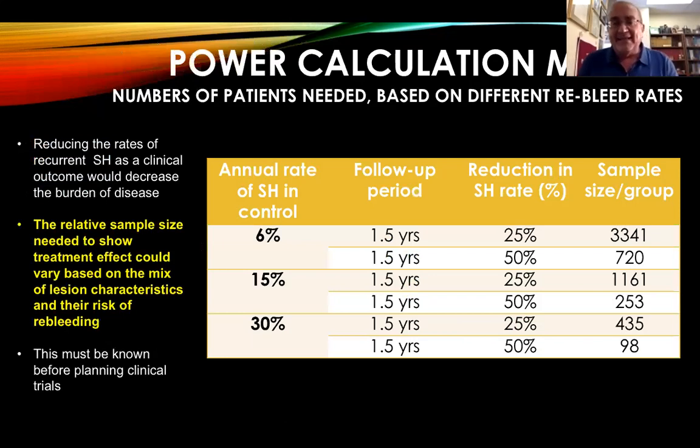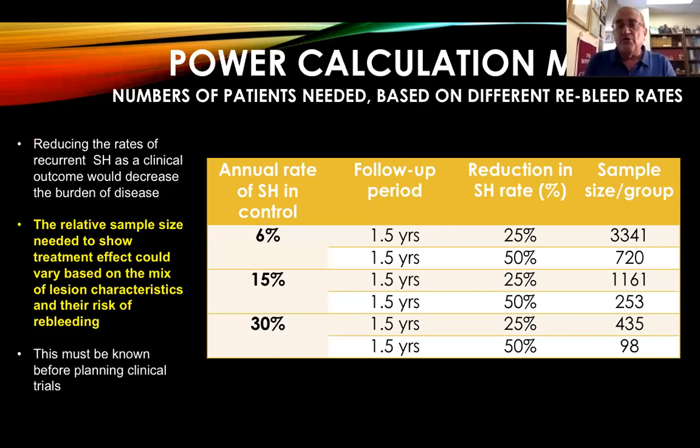The next slide is kind of a busy statistics slide, but it really tells you that if we knew how many patients will rebleed in the next year and a half to 2 years, the number of patients needed in a trial is vastly different. If you have a 30% rebleed rate, you may need fewer than 100 patients in a trial, but if you have a 6% rebleed rate, you may need more than 1,000 patients.